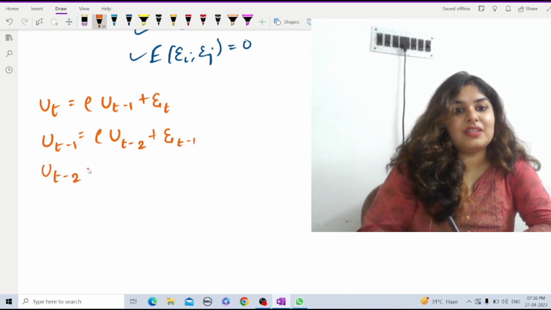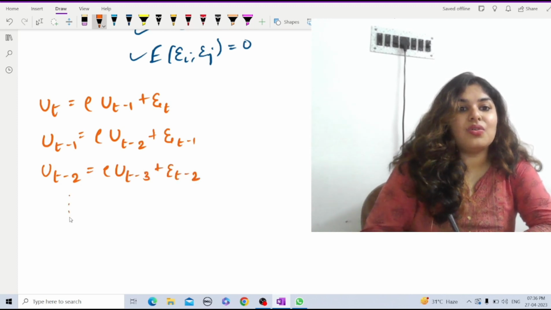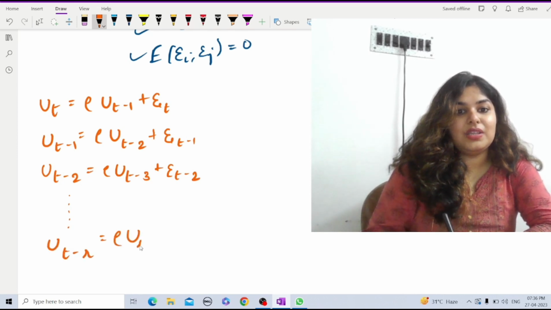Again, ut minus 2 will be rho ut minus 3 plus epsilon t minus 2, and so on till, say, a time period r, so that will be ut minus r plus 1 plus epsilon t minus r.